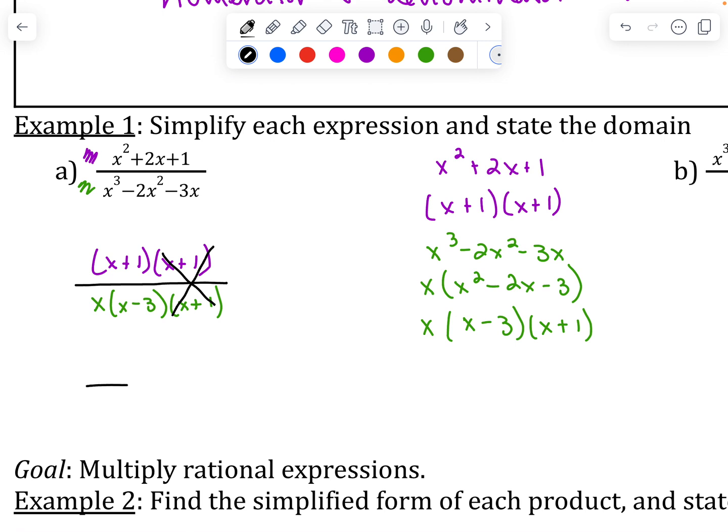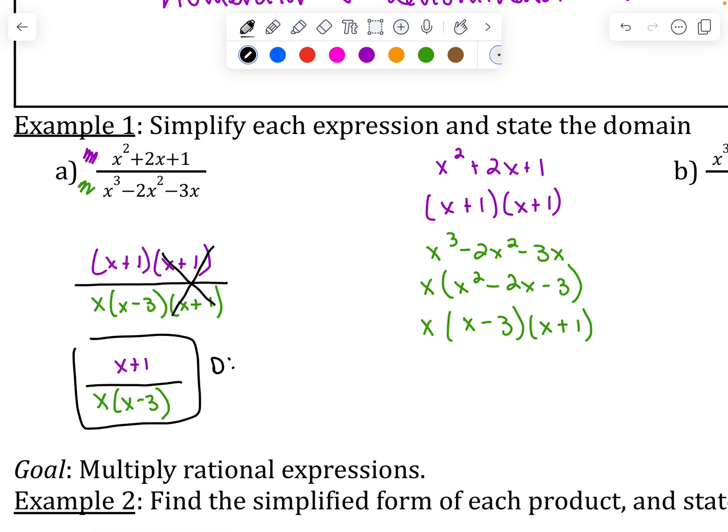So my final answer is x plus 1 and x over x minus 3. Okay, that's my final answer. Now here's the other thing you have to do, the domain. The domain is actually easier to state by what it cannot be. And this is based on what we dealt with when we were talking about asymptotes.